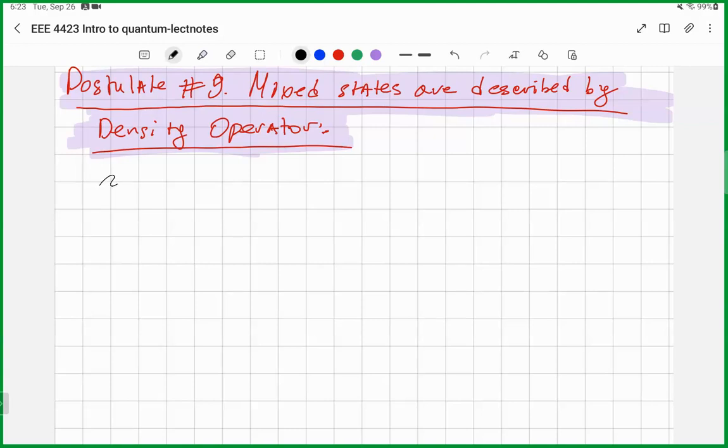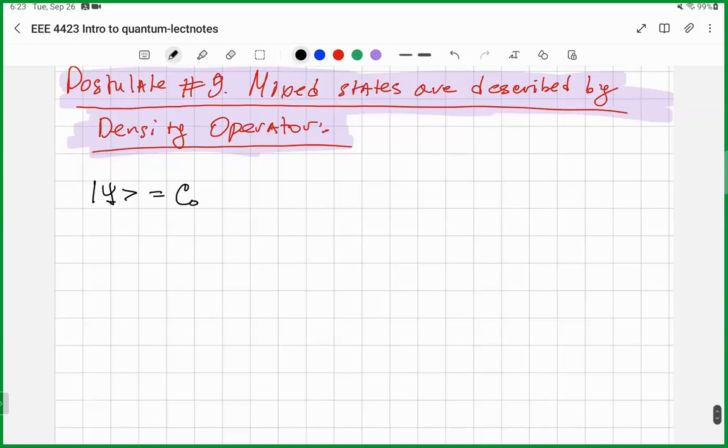For example, the state psi, we can write as a superposition of the state 0 with coefficient C0, plus the state 1 with coefficient C1, plus etc. If you take into account other levels, there are going to be other terms in this summation. So it is a system in a pure state.